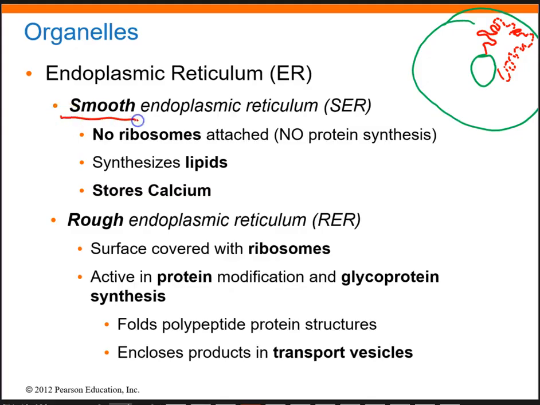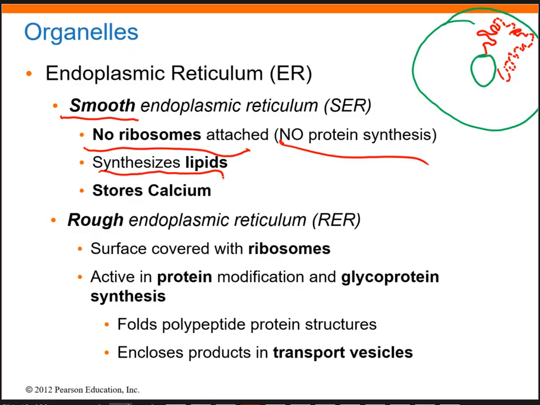The smooth endoplasmic reticulum, or smooth ER, is called smooth because its surface is smooth. It doesn't have any ribosomes attached to its surface. So there are no ribosomes attached to it, which means it's not involved in protein synthesis. Instead, what the smooth ER does is synthesize lipids. So this is where we make lipids, where we make cholesterol, where we make steroids.